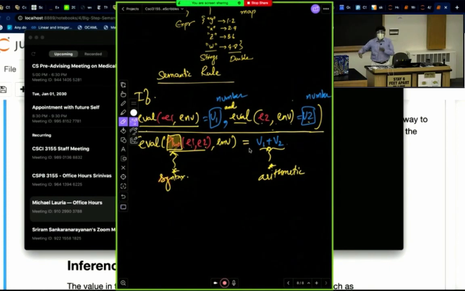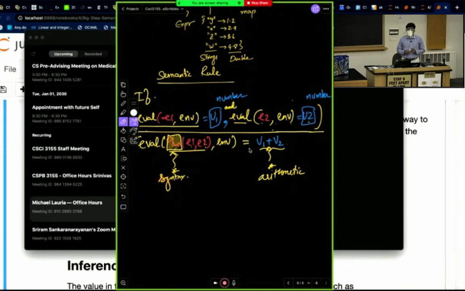Adding two numbers is an operation you know how to perform. This capital P, small LUS, is a command to take an expression as having the addition of its two sub-expressions, and the semantic rule says that this plus should map to the sum of V1 and V2, the arithmetic sum, the function over numbers. Not very surprising so far.